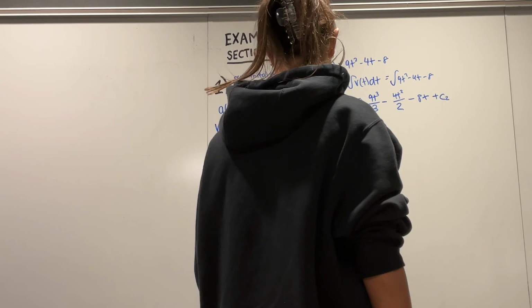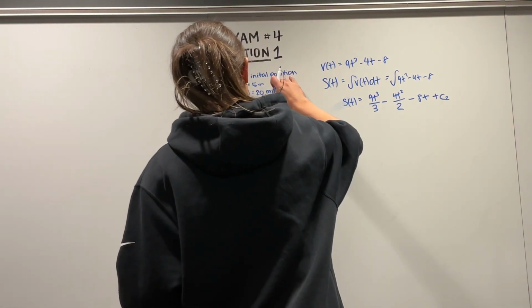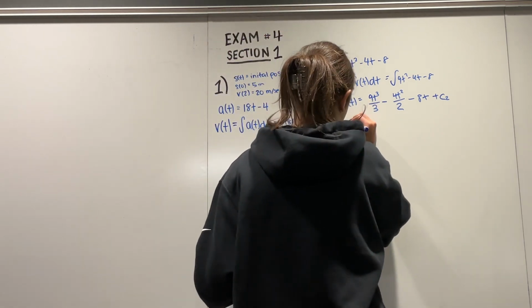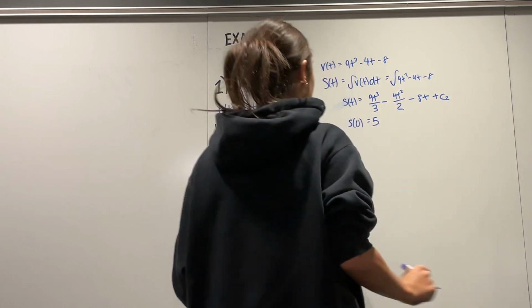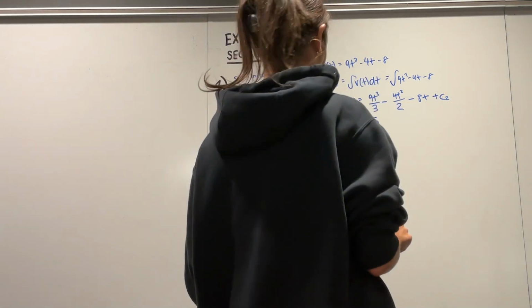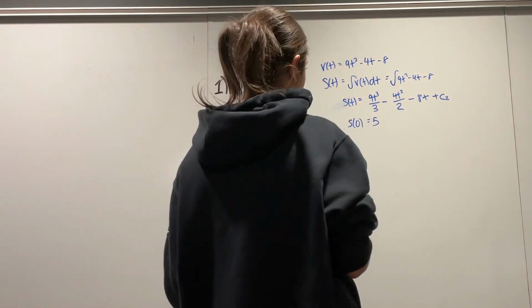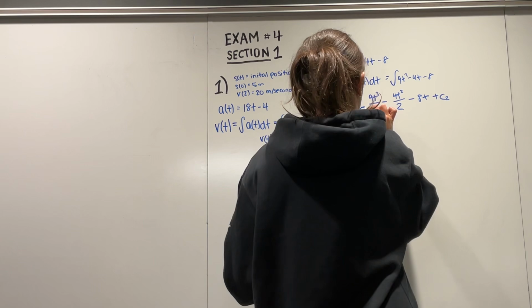And then we're told that the initial position is at 5 meters, so we're going to use s of 0, which we were told is 5, and then we're going to set that equal to our equation, but we're also going to be plugging in 0 for the t's.